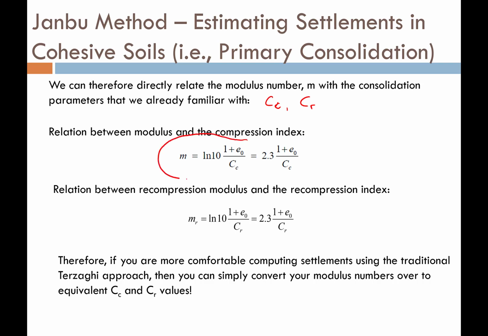The normally consolidated modulus is just going to equal ln of 10 times 1 plus e naught divided by C sub C. That's going to equal ln of 10 divided by C sub C prime, where that would be the slope of the virgin compression line in strain versus log of stress space.